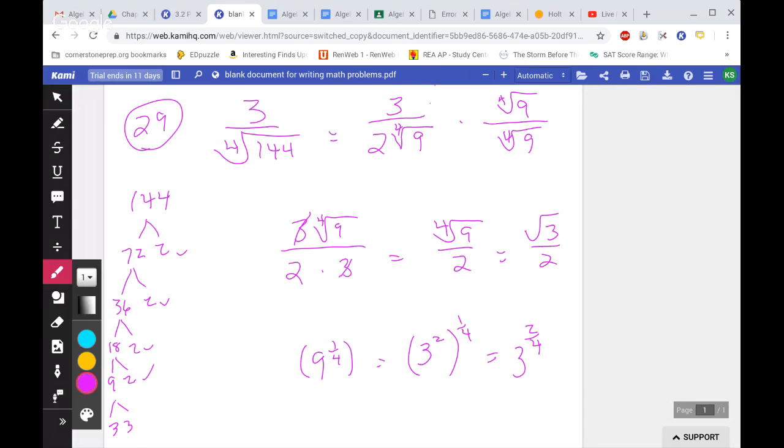Which really is the same as 3 to the 1/2, which is really the same as that. I don't know why it took me a minute to get there, but that is how that happens.